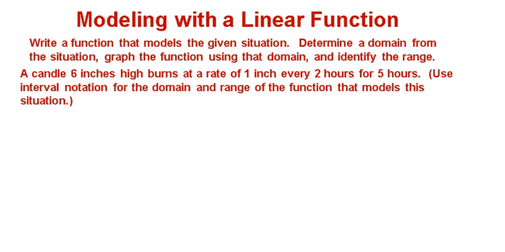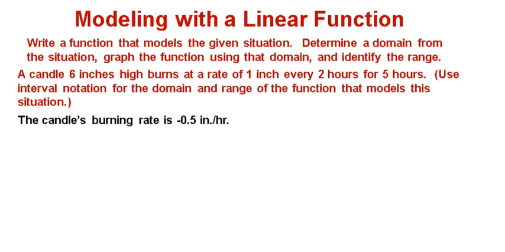Next, a candle 6 inches high burns at a rate of 1 inch for every 2 hours for 5 hours. So we have 1 inch per 2 hours. So that'd be 1/2 inch per hour, or negative 0.5 inches per hour.